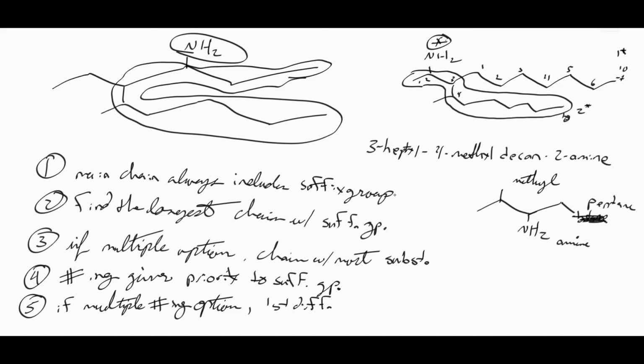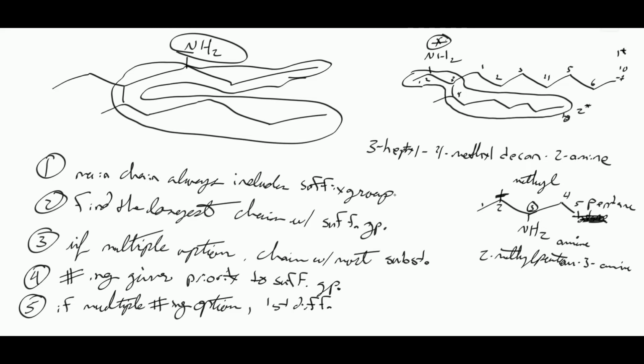The reason I did that is because either way, counting from either end, the amino group is going to be at number 3. So now, do we count from left or right? Well, we count from left because it gives the lower number to the methyl group. So it's 2-methylpentan-3-amine. Whereas if you counted it the other way, it would be 4-methylpentan-3-amine. 2-methyl is better than 4-methyl. That's where the difference is. So you number it from left to right.